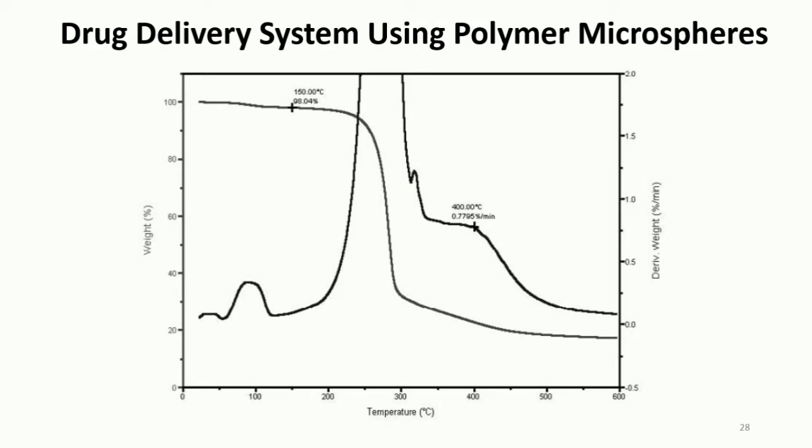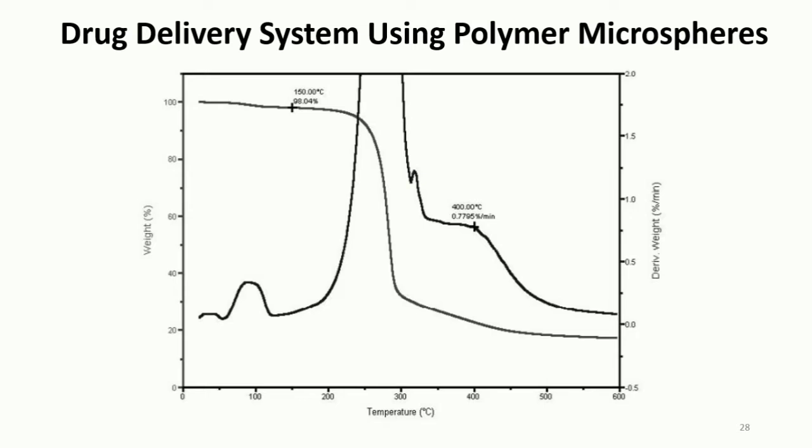We will now apply what we have learned from those experiments to a much more complex sample consisting of amorphous and hydrated crystalline drug, which will be dispersed in some biodegradable polymer microspheres. It is usually 50 to 200 microns.